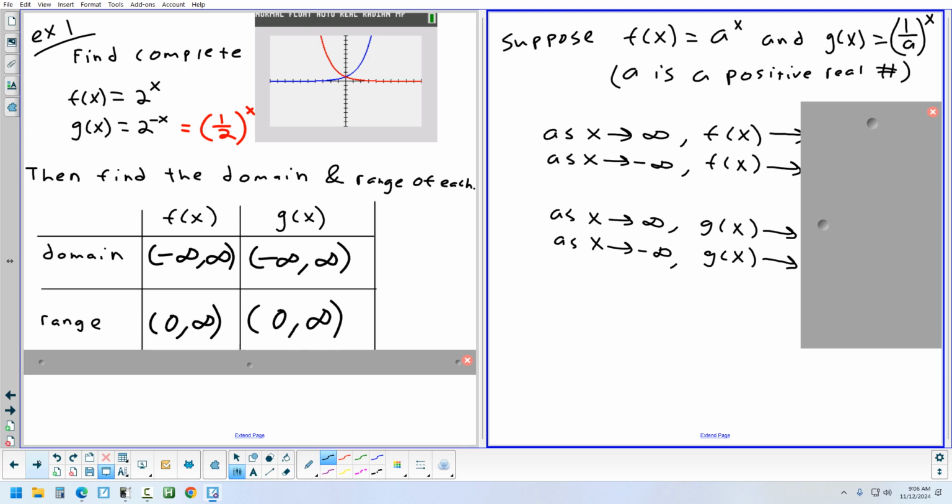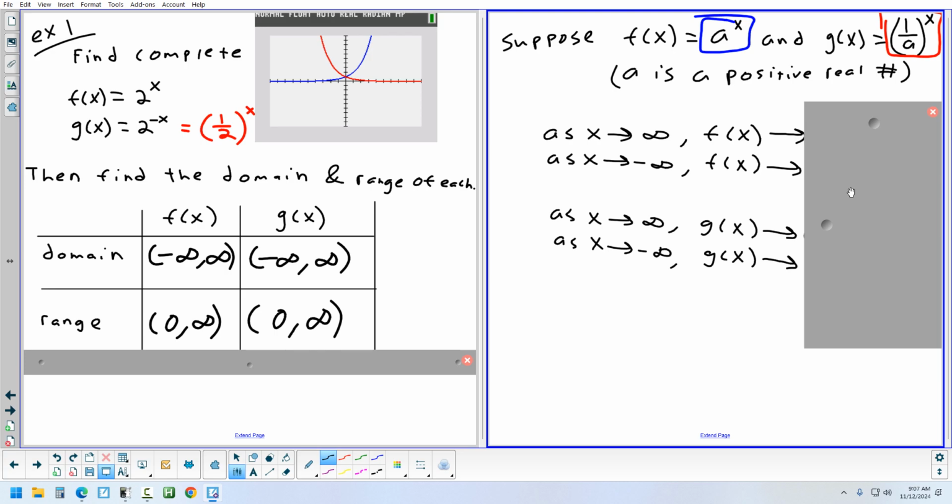So if you want to color code it, just to kind of know, the a to the x is the type of graph that looks like the one in blue. And g of x is the type of graph that looks like the one in red. So let's start with the blue one. How would you complete what I have up above?